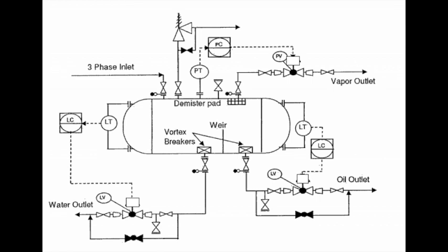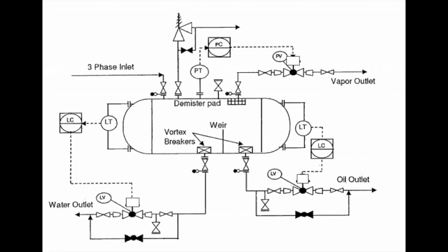On the right, it's the same scheme. However, this time the level is measured for the second liquid. Then the transmitter transmits its signal through electrical current to the level controller, which is shown in the DCS. Then the level controller sends the signal to the electric valve.